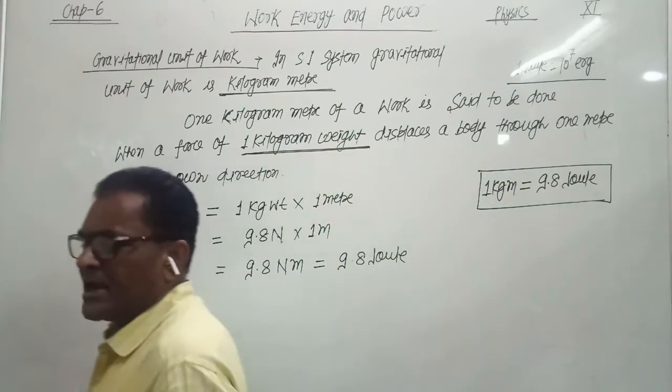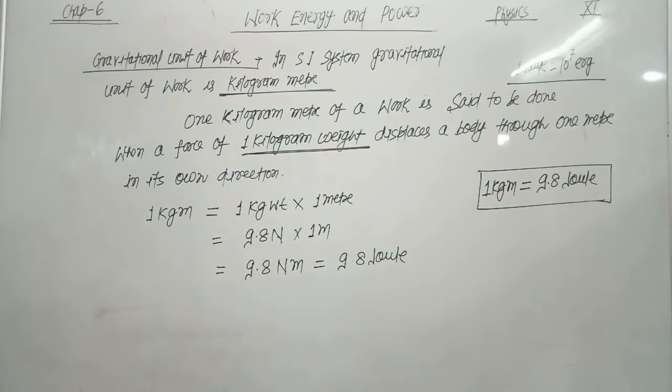So the gravitational unit of work is kilogram meter, and this is the definition of kilogram meter. 1 kilogram meter of work is said to be done when a force of 1 kilogram weight displaces a body through 1 meter.